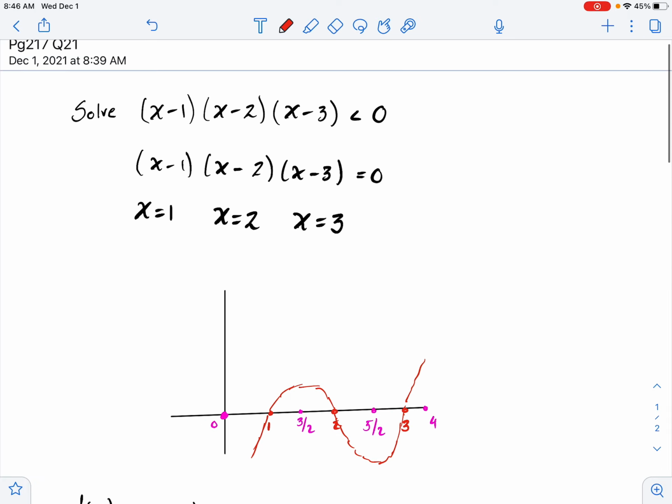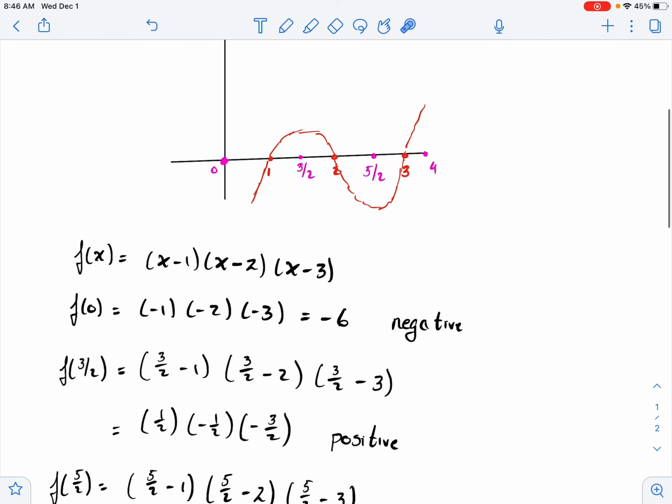I am asked in my problem to solve this inequality, less than 0. So for what values of x is my function less than 0? If I look at my function, I can see that it is less than 0 here, and then in between these two values, right there. Those are the two regions for which my function is negative.